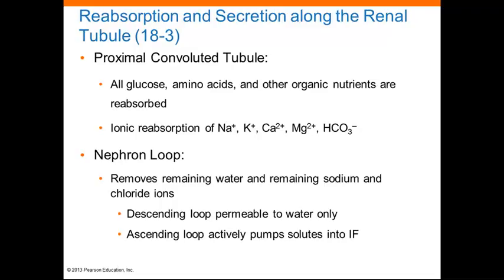The filtrate becomes higher in osmotic concentration, and so the ascending loop actively pumps solutes into the interstitial fluid, and it's impermeable to water. So this creates an osmotic gradient that removes water from the descending loop, and the filtrate becomes lower in osmotic concentration. So what remains are primarily waste products.